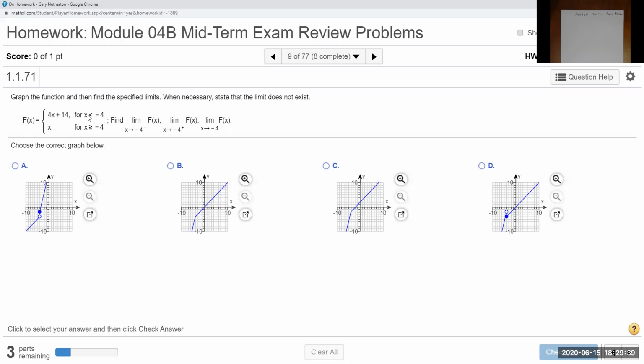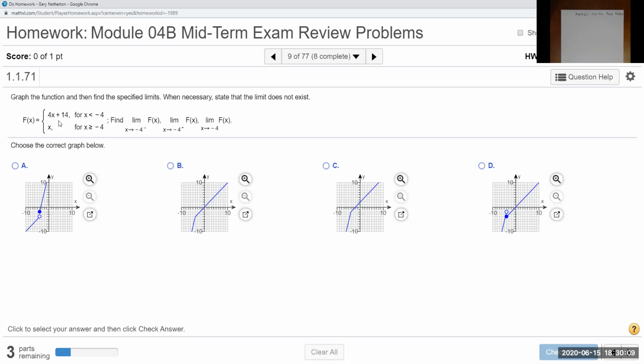Because remember, even though -5 sort of looks like a bigger number, because it's negative, -5 is actually less than -4. -10 is less than -4. So this is saying, basically, from -infinity to -4, the function equals this.